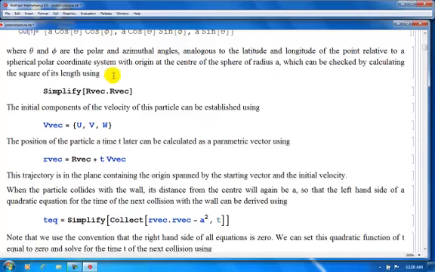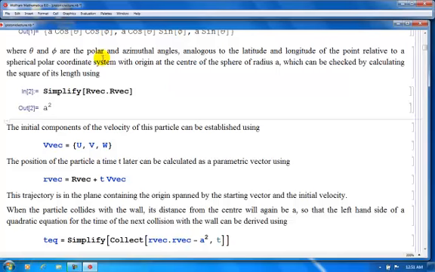We can check that that is a vector on the surface of the sphere by calculating the scalar product of the vector with itself, and seeing that the result is a squared. So that means the length of that vector is always a.